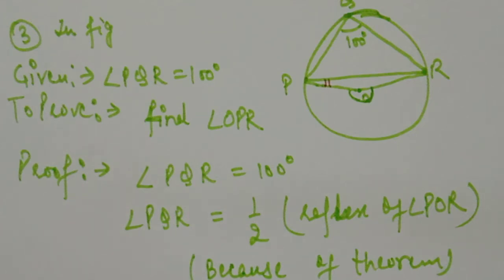We have to write here that an angle subtended by an arc at the center is double the angle which is subtended by the same arc on the remaining part of the circle.